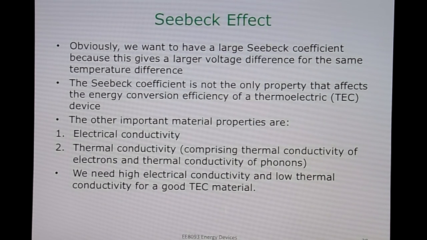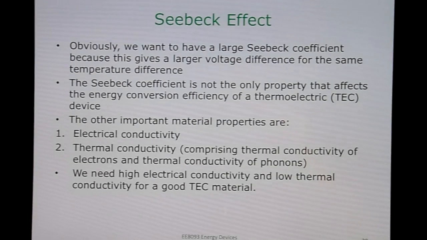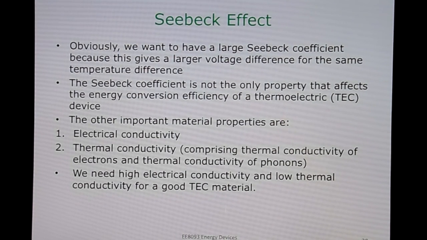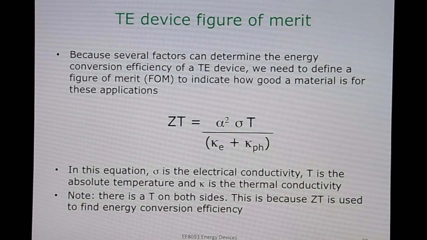This comprises the thermal conductivity of the electrons and the thermal conductivity of the phonons. What we want is a high electrical conductivity and a low thermal conductivity for a good TE material. And we can define a figure of merit for the TE device.